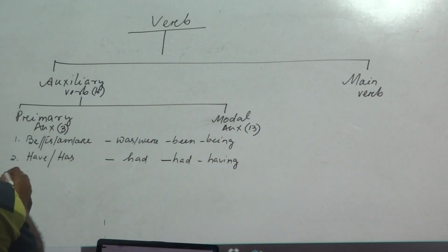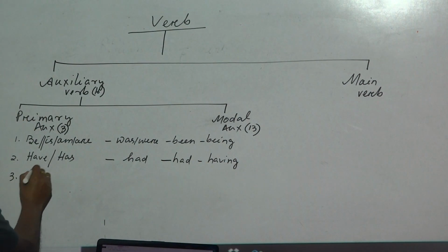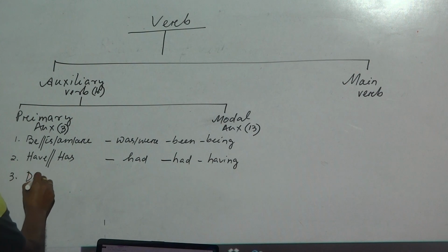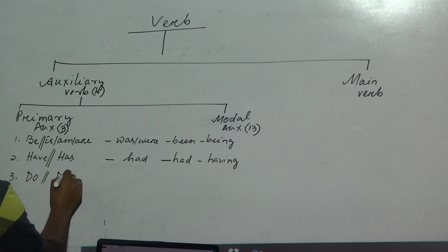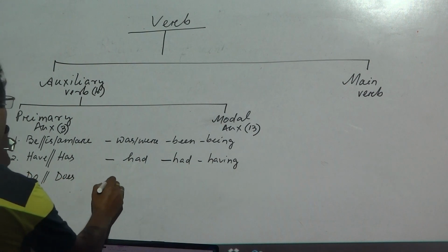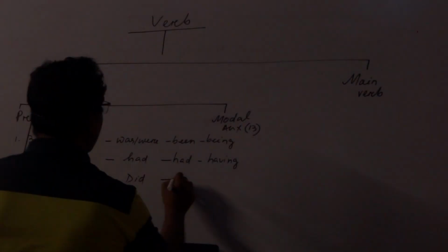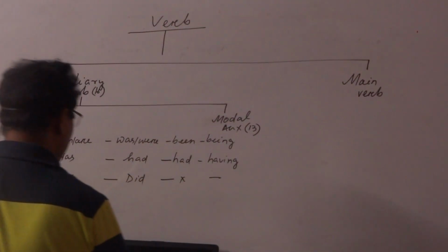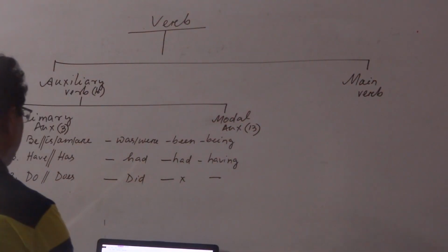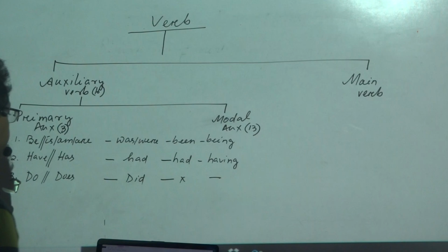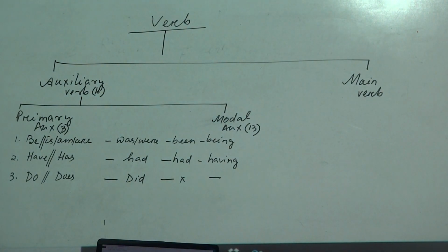Okay. Number three, do, and its another form is does, second form did. Third form, fourth form, as auxiliary we don't have any necessity.